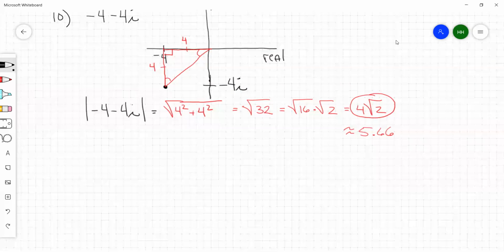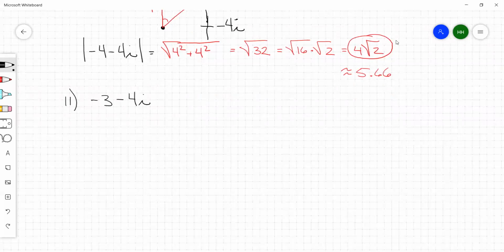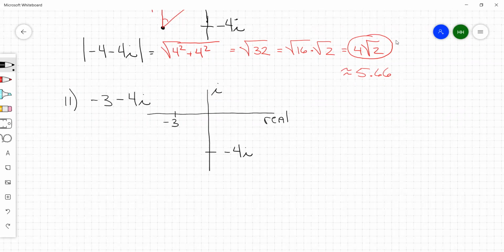Number 11, you graph it the same way. All right. You got negative 3 minus 4i. Here's your real, your imaginary, negative 3, negative 4i.